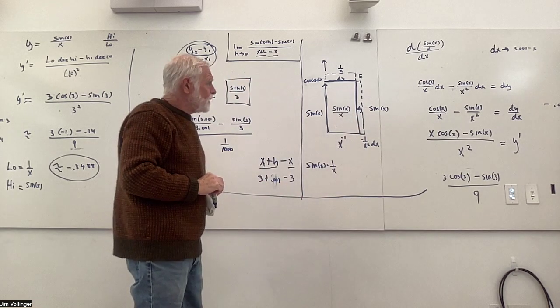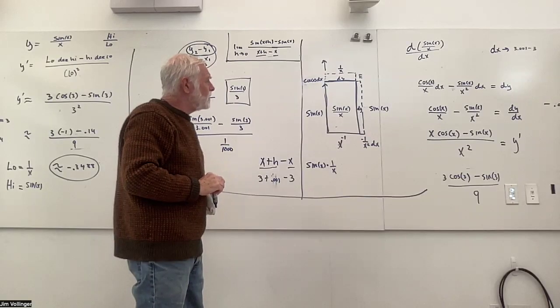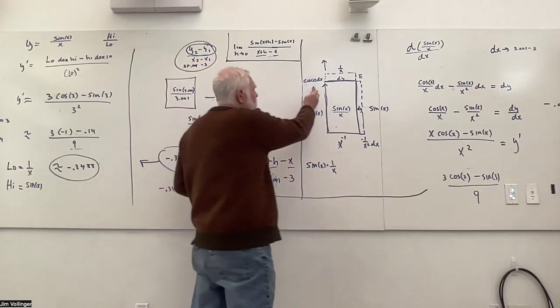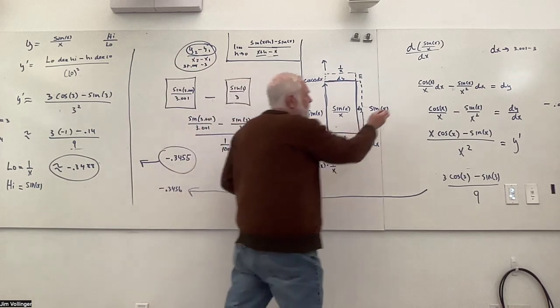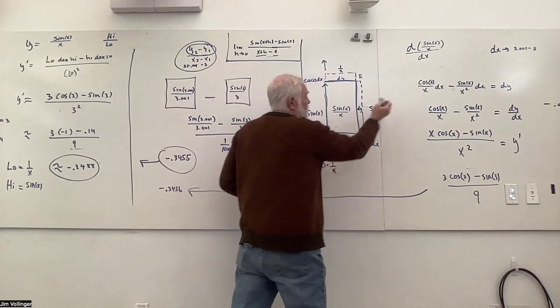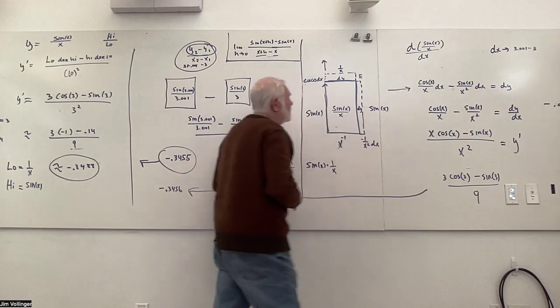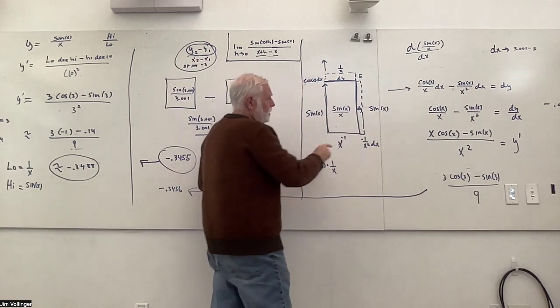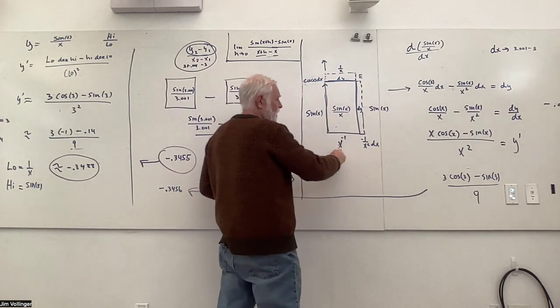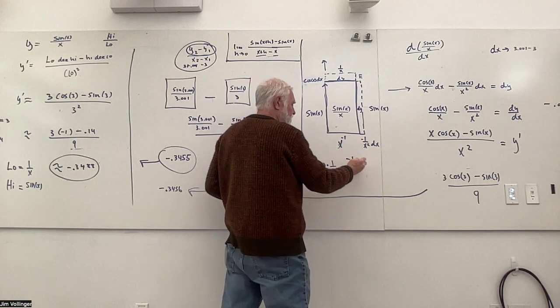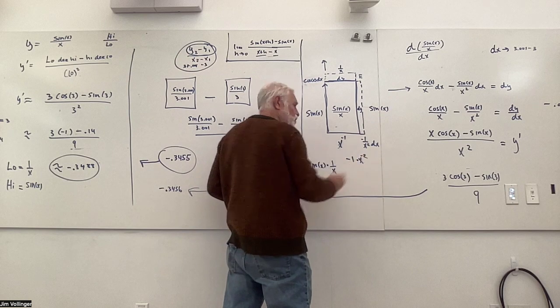I should have actually drawn it on the inside, because we're taking away area here. And I did some computations with that. So I showed cosine x dx times 1 over x, which is the same as that. And I multiplied the derivative of x to the negative 1, which is minus 1 times x to the minus 2.